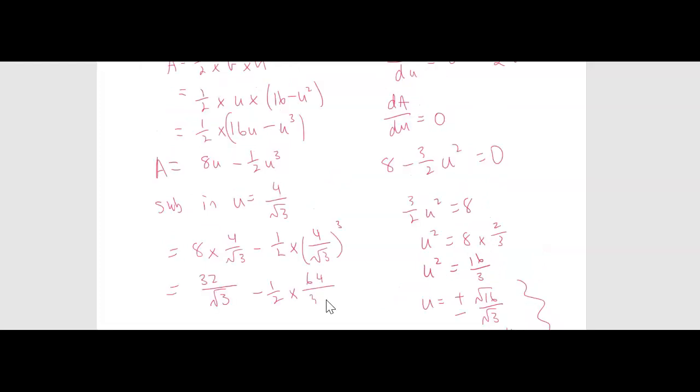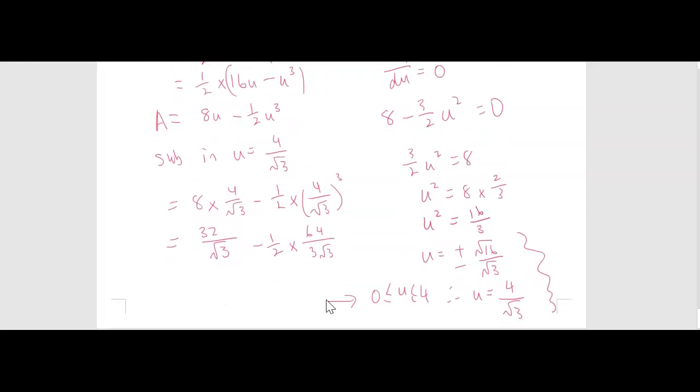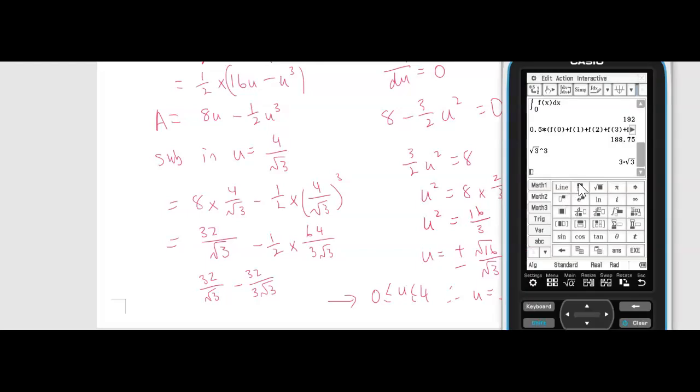So that's 3 root 3. I did have to double check that on the calculator. All right, so half. I honestly should be doing this on the calculator because this is taking me forever. Minus 32 on 3 root 3. I'm just going to do that on the calculator now because I can't be bothered going any further.